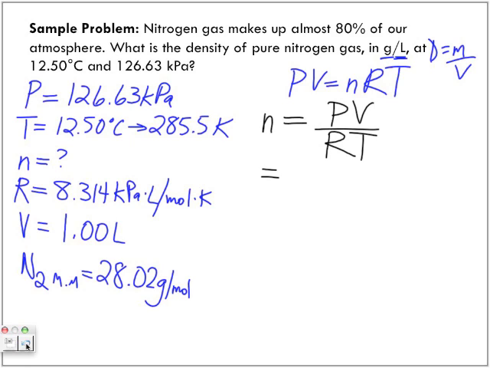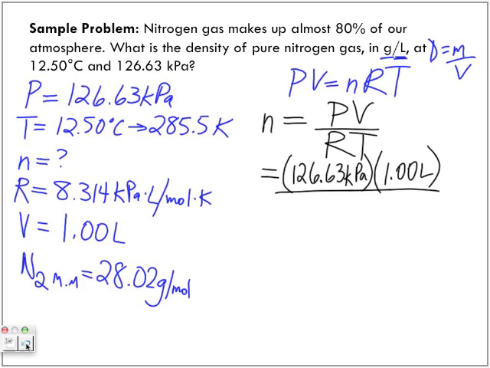So let's substitute our numbers. So pressure, 126.63 kilopascals, multiplied by the volume, which is 1.00 liters, over 8.314 kilopascals liter per mole Kelvin.